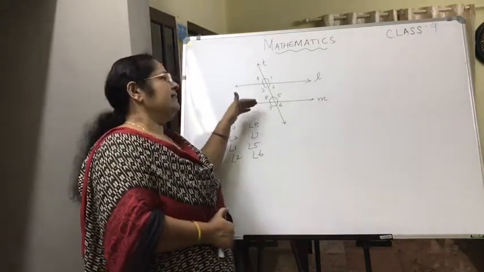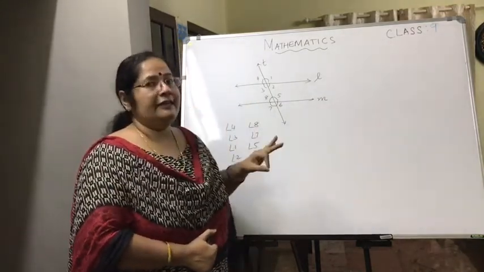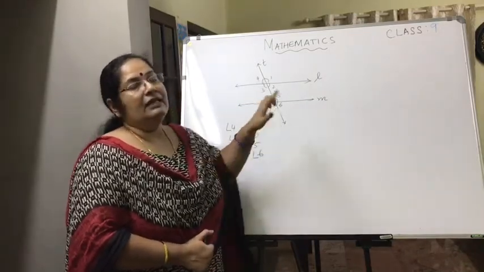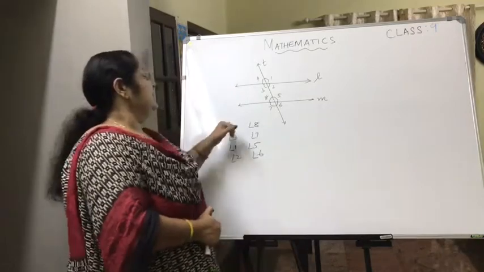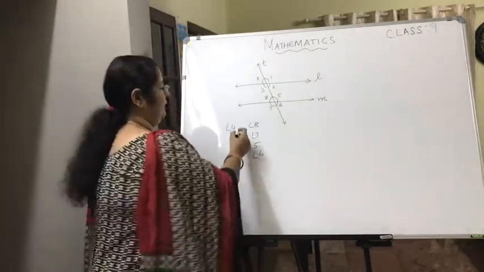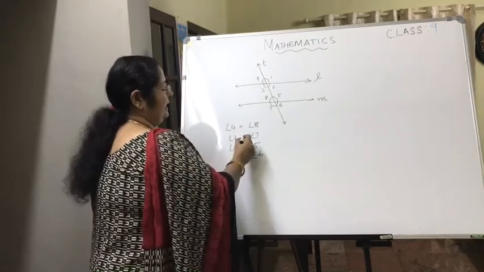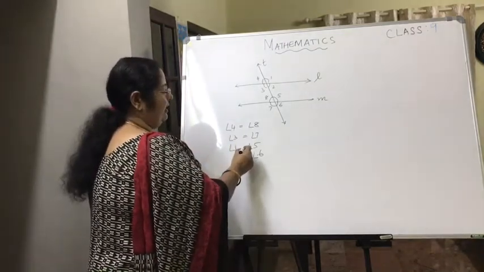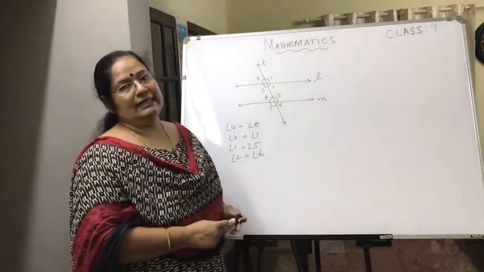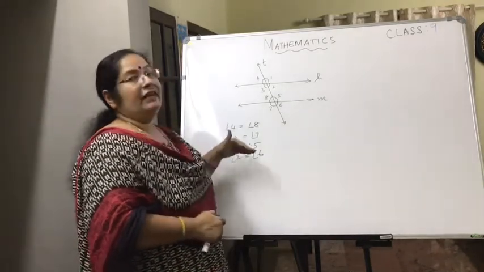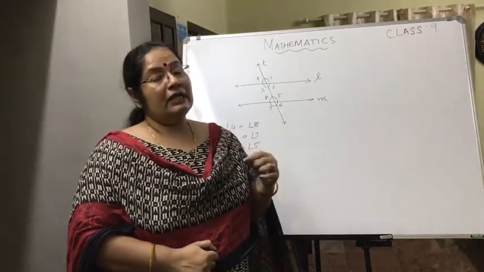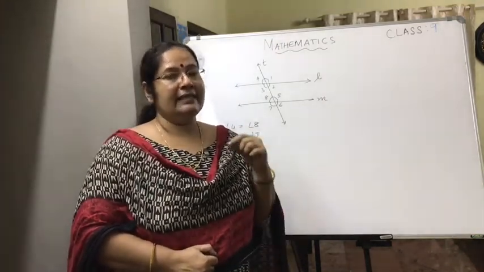Now since here we are having parallel lines, specifically we are saying, when 2 parallel lines are intersected by a transversal, the first thing that happens is the corresponding angles are equal. So angle 4 will be equal to angle 8, angle 3 will be equal to angle 7, angle 1 equals angle 5 and angle 2 equals angle 6. Now this is given as an axiom and we call it the corresponding angles axiom.